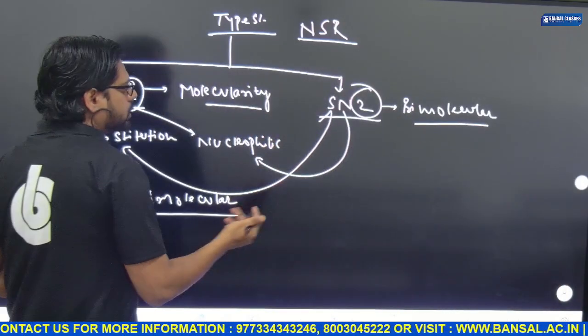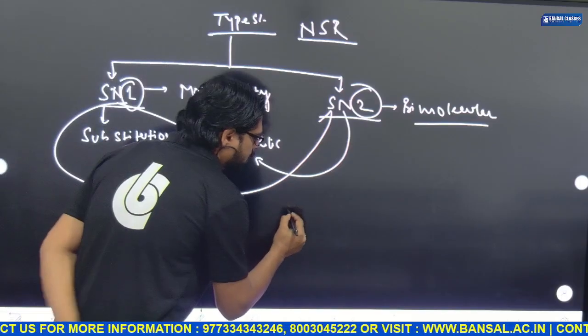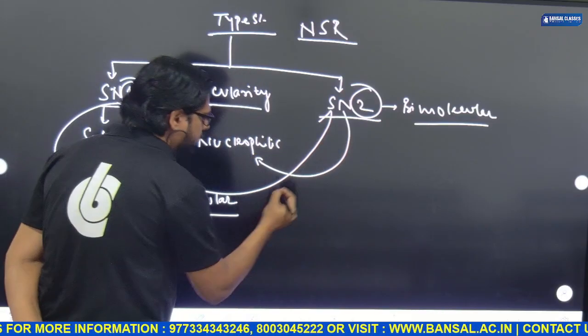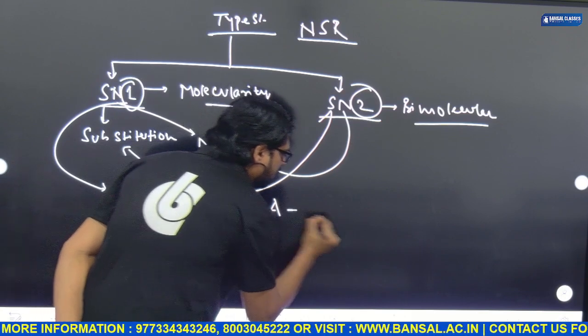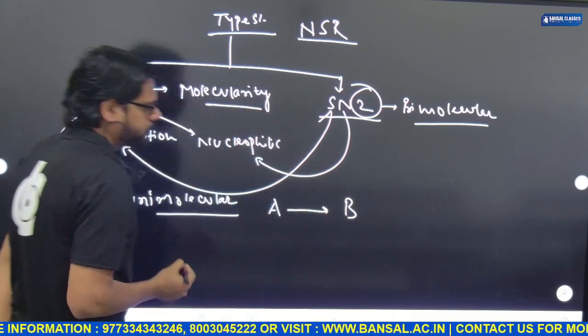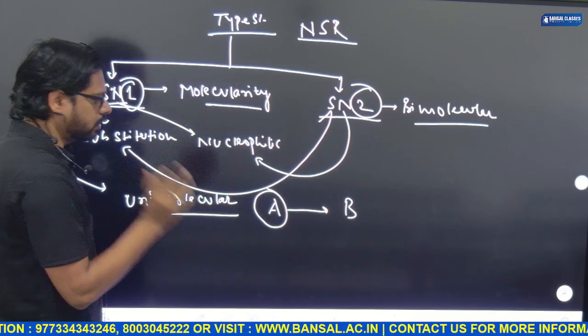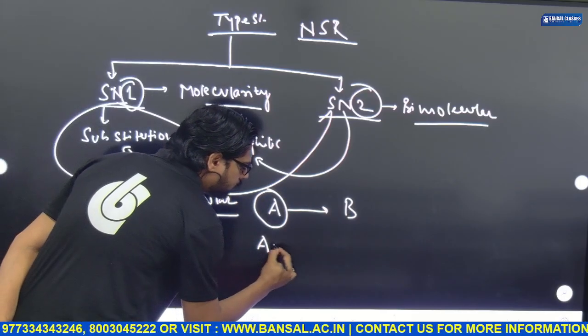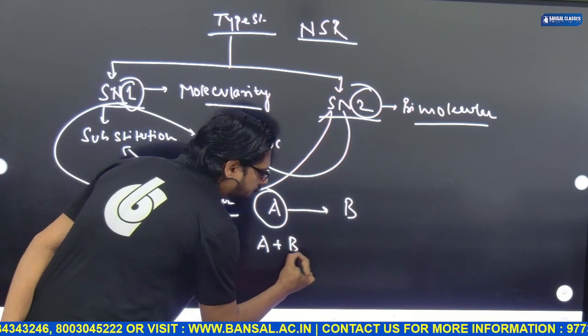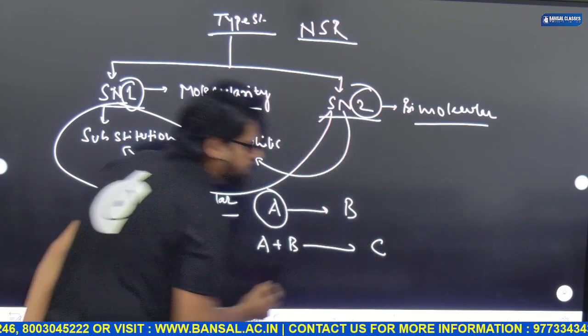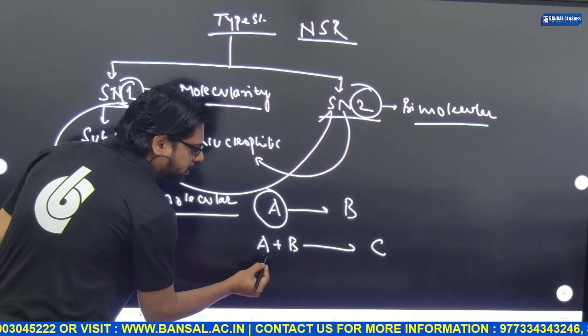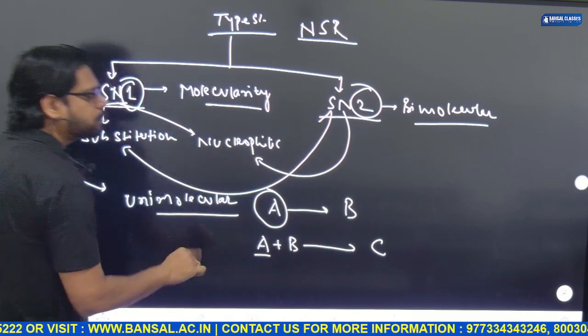and gave product. So basically, let's take an example of both these situations. Here, we can make A to B. Here, only one molecule is present, so its molecularity will be 1. Let's take another example. For example, we have A plus B giving C. Now, I am saying that it is a multi-step chemical reaction.